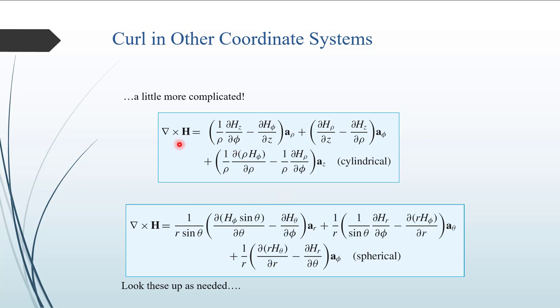For the cylindrical system, del cross H is given by 1 upon rho, or 1 upon r, you can call it, dou Hz by dou phi minus dou H phi by dou z into ar cap, plus dou Hr by dou z minus dou Hz by dou r into a phi cap, plus 1 upon r or 1 upon rho, partial derivative of r into H phi with respect to dou r minus 1 upon r dou Hr by dou phi, whole bracket into az cap.